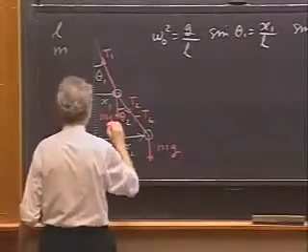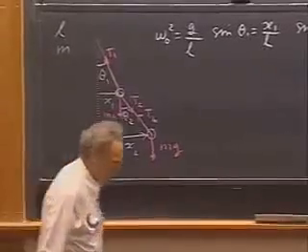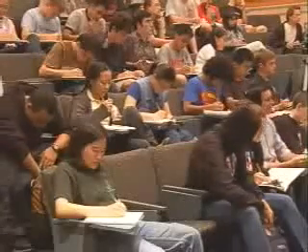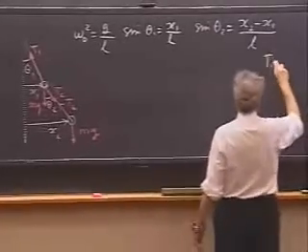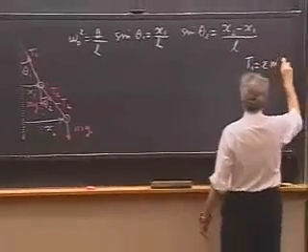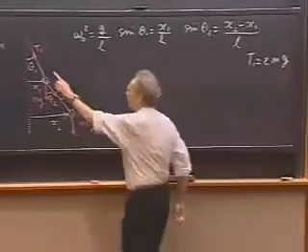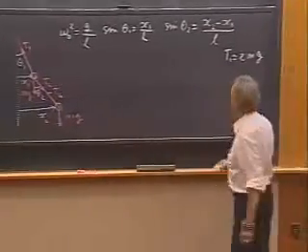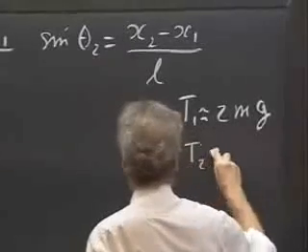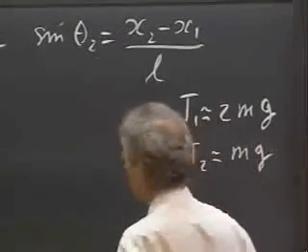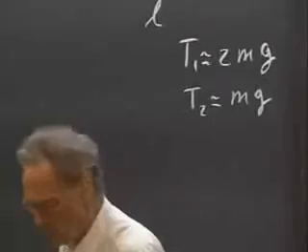So they're the only forces on these objects. At small angles, I do know that T1 must be approximately 2 mg, because it's carrying both loads, so to speak. And we know that T2 is very close to mg. And we're going to use that in our approximation.